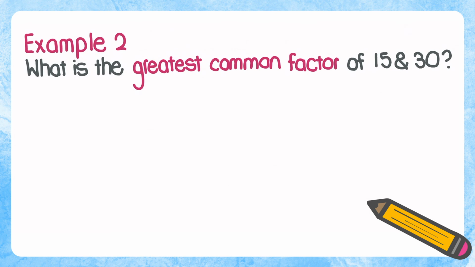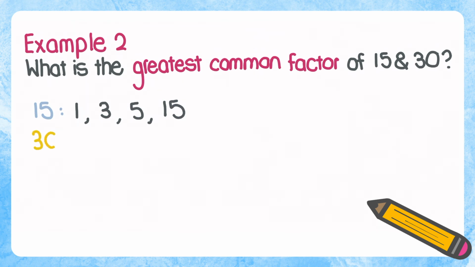Next, let's find the greatest common factor of 15 and 30. Again, we're going to start off by writing out all the factors for both 15 and 30. So first, let's take a look at 15. The factors are 1, 3, 5, and 15.